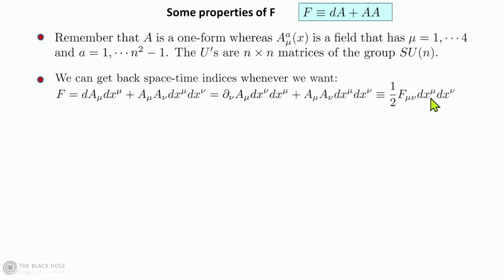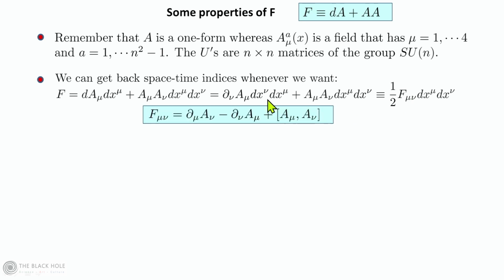You can just read off what F mu nu is. It's d mu A nu minus d nu A mu plus the commutator. See, here you can see there's a commutator involved over here. That's because these A's don't commute with each other. They're matrices. This A is a matrix over here.